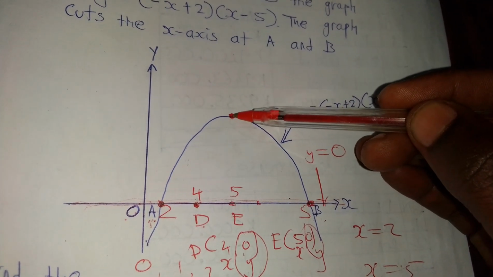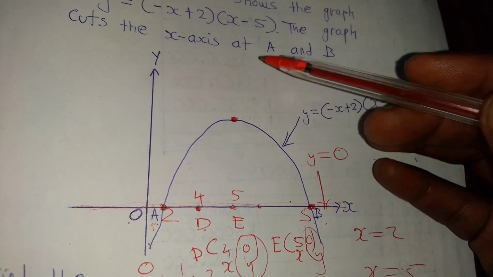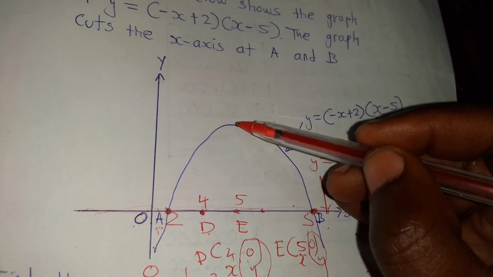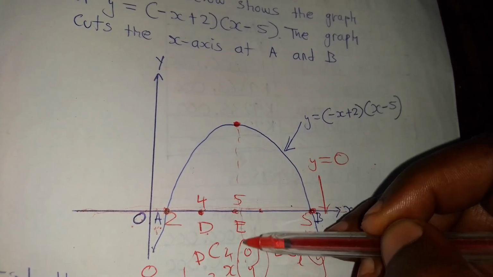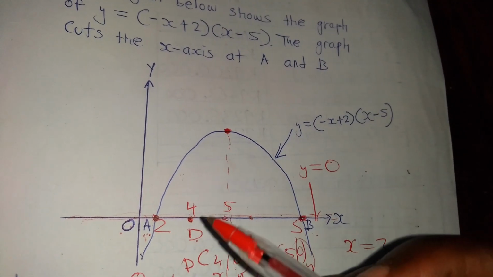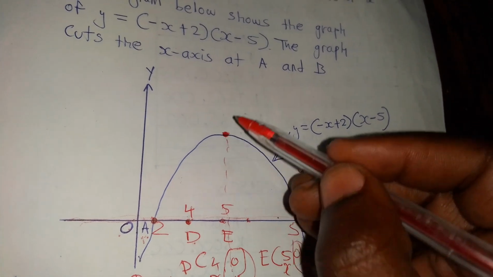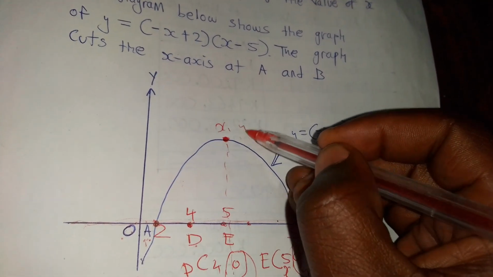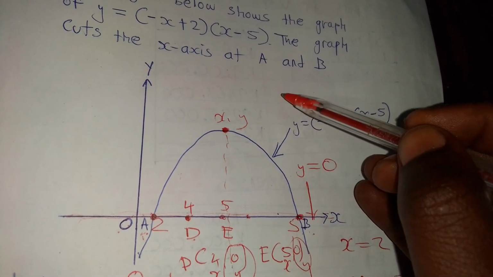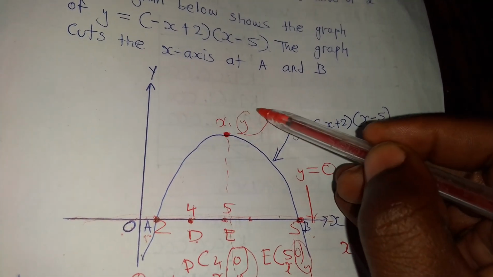It is here, where I've put this red ink. If you can see nicely, it is cutting the curve into 2 equal parts. It has a line of symmetry. Meaning, at this point, there is x and there is y. So the question is saying the maximum value of y, meaning they want this value.